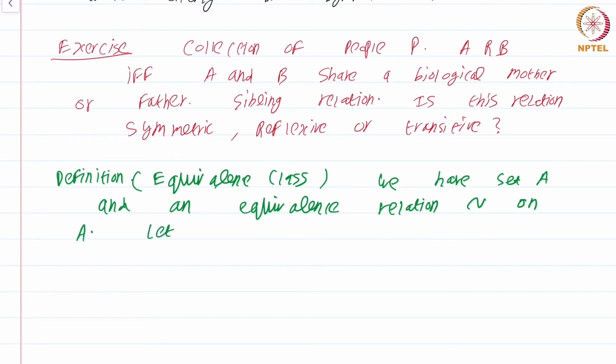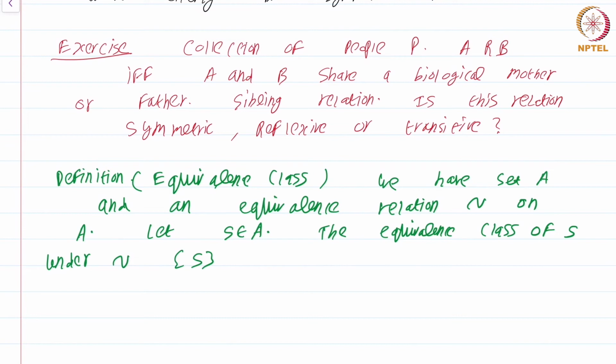Let S be an element of this set A. We define the equivalence class of S under tilde, which is denoted by square bracket S. This is just defined to be all the elements X in A such that X is related to this given element S. So, given an equivalence relation on a set, take an element and collect together all those elements that are related to this given element.